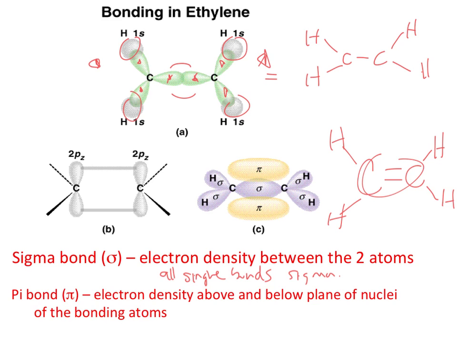However, on each carbon atom, we also have an unhybridized p orbital, hanging out on that central atom. Because of that, the electron density present there is able to overlap in a non-head-on way. Basically, it's overlap that occurs across a distance.